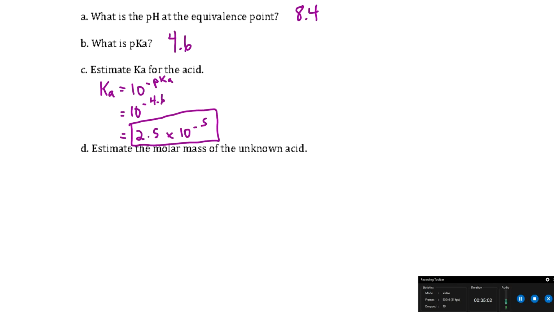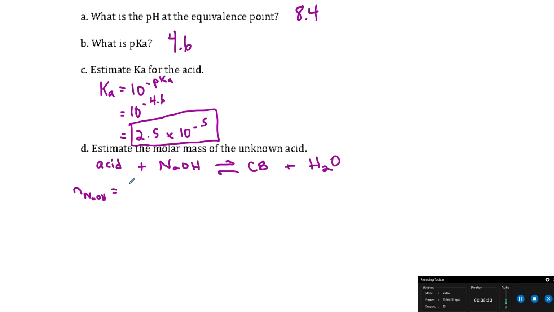Now, the last question says, estimate the molar mass of the unknown acid. So that's a little different than ones we've had before. We don't know what the acid is, so we'll just say acid plus NaOH produces some sort of conjugate base and water. So I know stuff about NaOH.